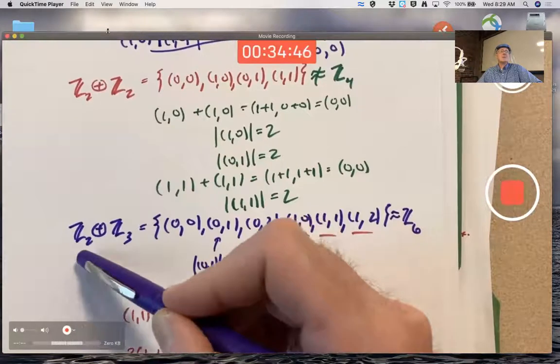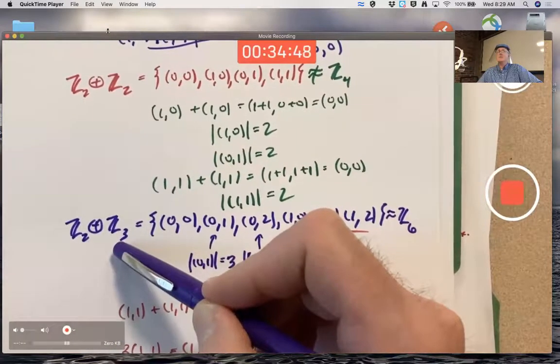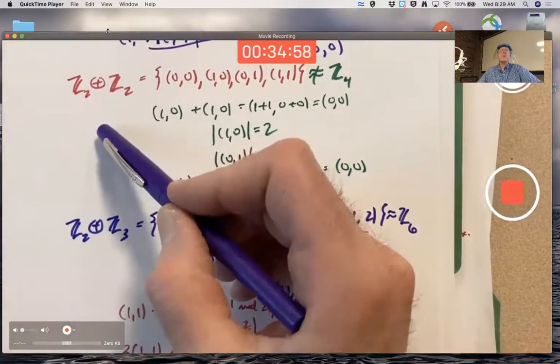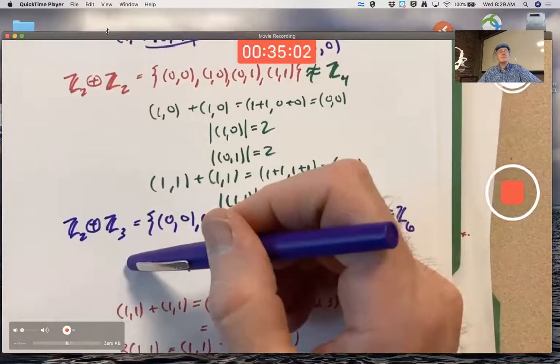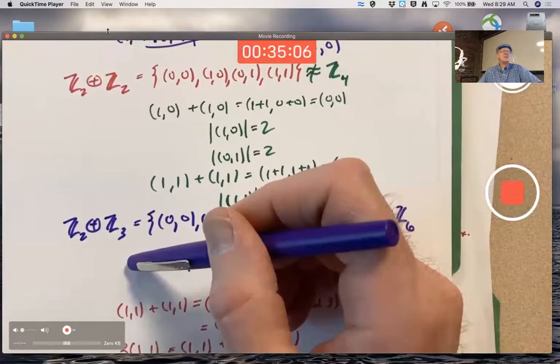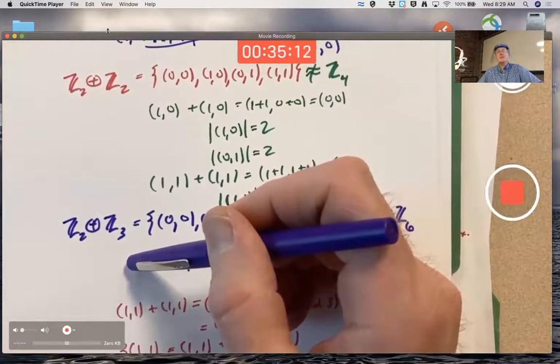It's related to whether the subscripts are relatively prime or not, is ultimately what you're going to see as you go through the reading, chapter 8. If the subscripts are not relatively prime, it won't be cyclic. I guess I'm telling you the answer. If they are relatively prime, it will be cyclic. Which should make some basic intuitive sense based on past experience, perhaps, to expect such a thing.